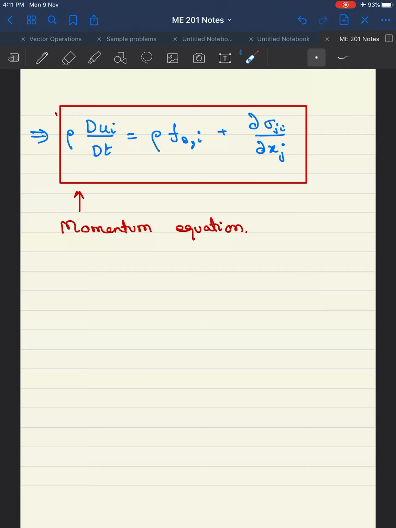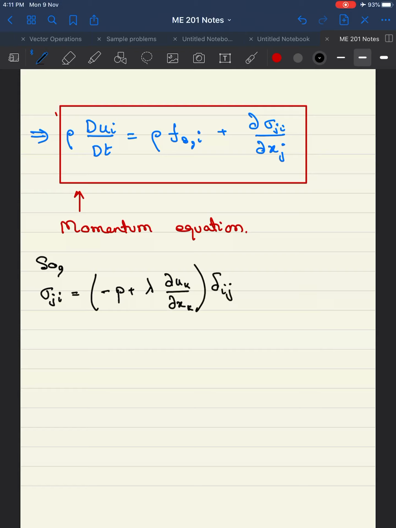So we know that sigma ji is the same as minus p plus lambda del uk by del xk del ij, which is the Kronecker delta, plus mu, which is the dynamic viscosity, times del ui del xj.